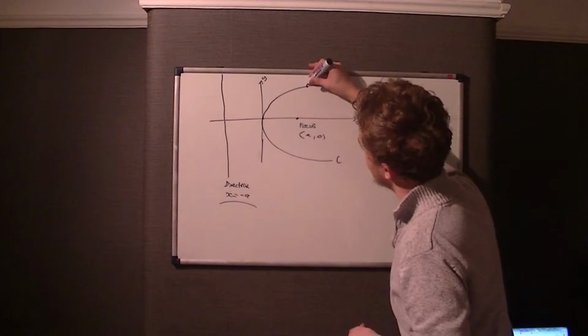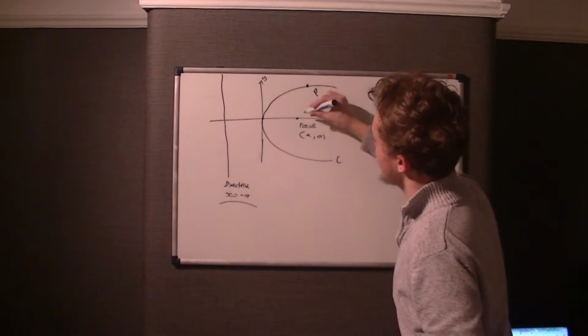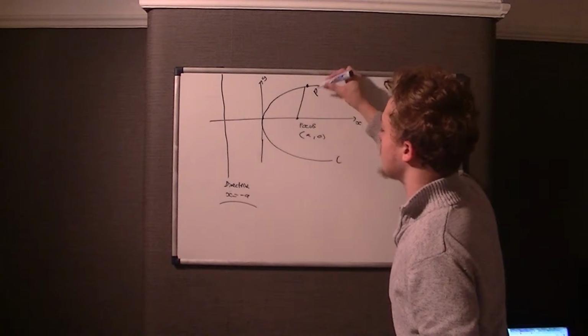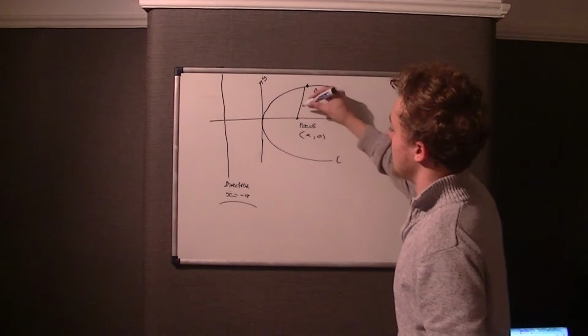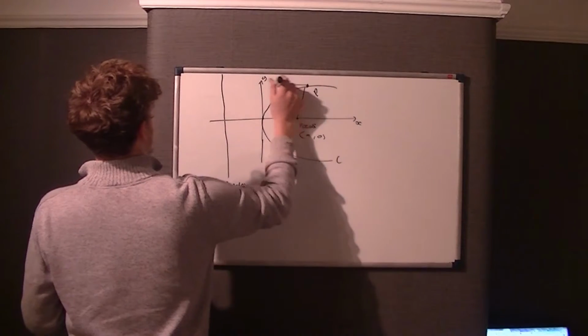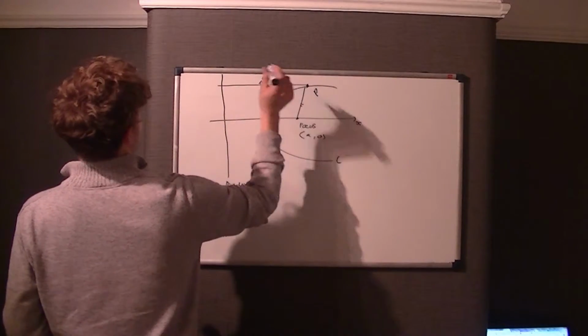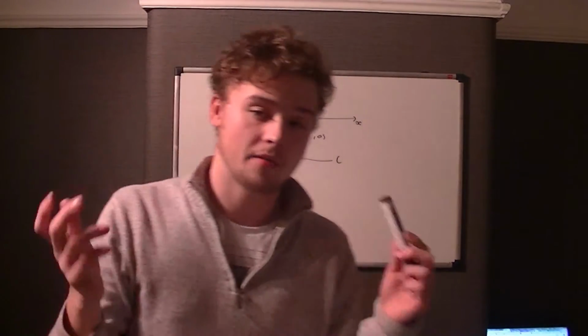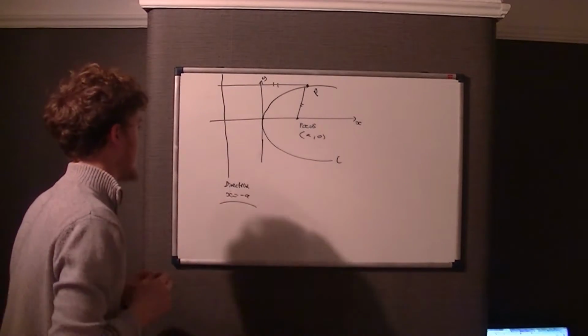So I'm going to pick this point here and call it point P. Going from the focus to point P is the same as going from point P to the directrix. It doesn't look the same length, but that's only because I've not drawn it that way.